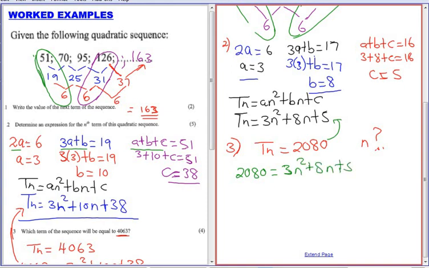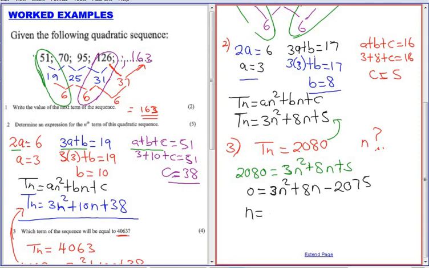Again, it's a chance for you to use a trinomial, a quadratic formula in this situation. So it's going to be 8n, right? What is 5 minus 2080? Well, we just have to subtract 5 from 2080 here. Okay, that is what we will have. I will just go straight into substituting into the quadratic formula. I talked about it before.